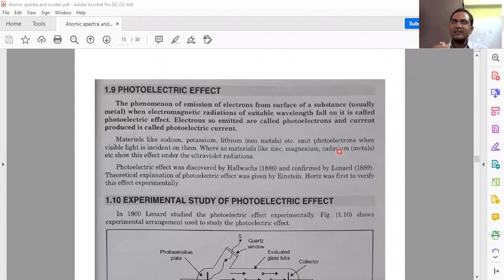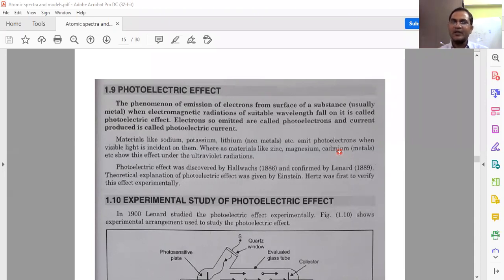Whatever electrons are emitted from the metal surface are called photoelectrons. The current produced due to those photoelectrons is called photoelectric current. Clear? When electromagnetic radiation of sufficient energy falls on it, why am I putting the condition there? We will discuss that later on.